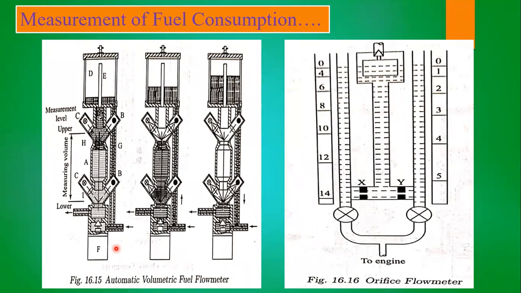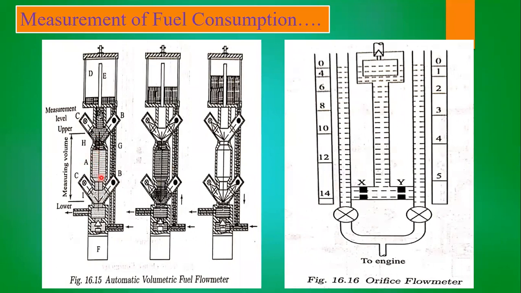That means the timer and the start and stop will be organized by this device itself. So here there is no work for us to do, and the whole device is going to do its work. First of all, we should know the parts. For this automatic volumetric fuel flow meter, which measures the fuel, we are going to have several parts.